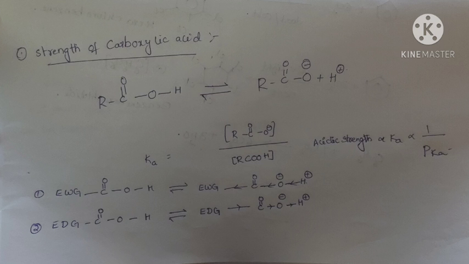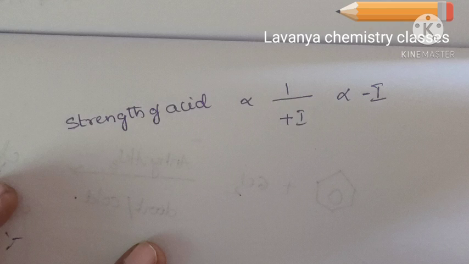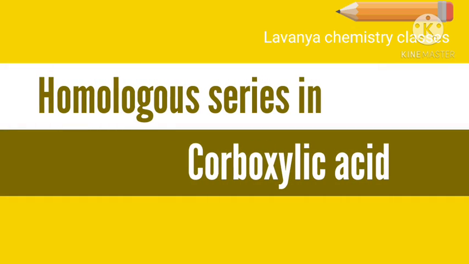In electron donating groups, the bond polarizes towards the carbon side. Electron donating groups are plus I groups. So they destabilize the acid anion and weaken the acid, so a plus I group decreases the strength of acid. The strength of acid is inversely proportional to the plus I power of the group present on COOH and directly proportional to the minus I power of the group.